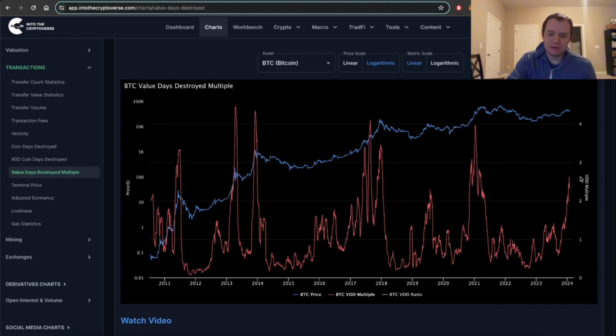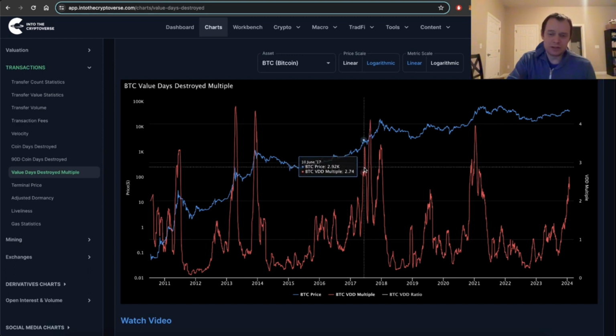It's not too far away from some of these other levels. And I think the more interesting thing is that once you reach these levels, the market was getting relatively heated at that time. It didn't mean that it couldn't go on for a bit longer.